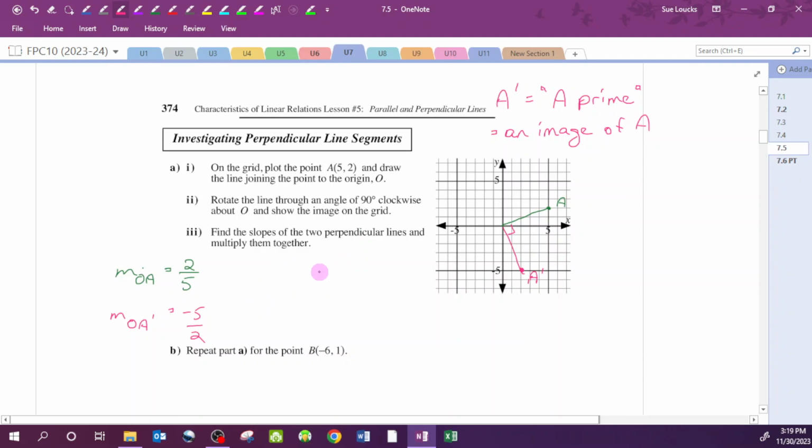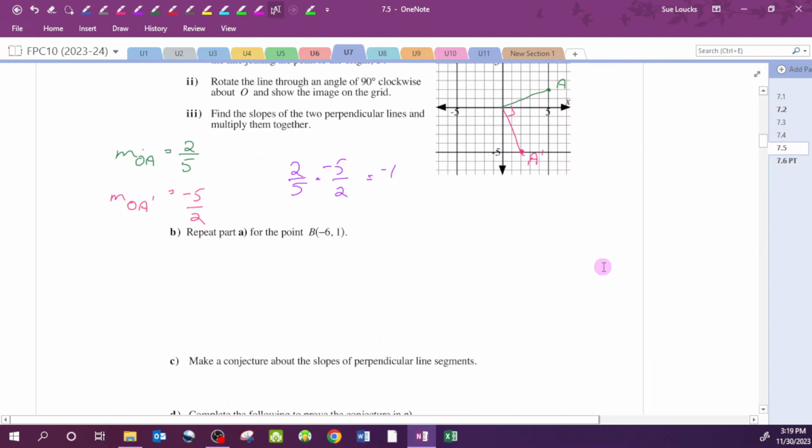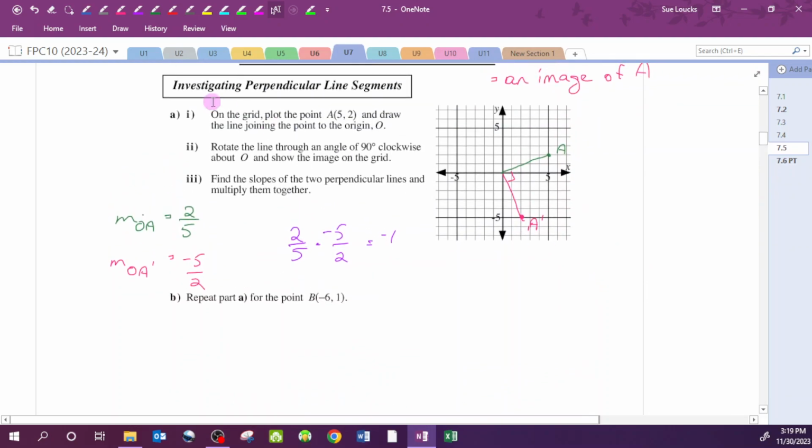And then if we multiply them together, 2 over 5 times -5 over 2, that equals -1. And I'm going to ask you to redo that for part B, for a different point B. Okay, so pause the video, do the next one.